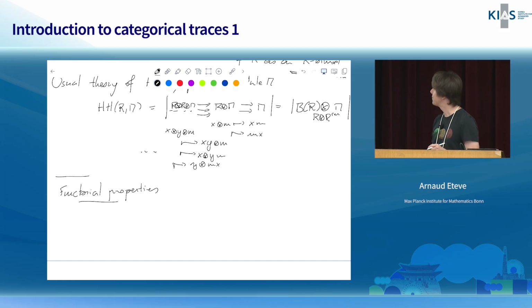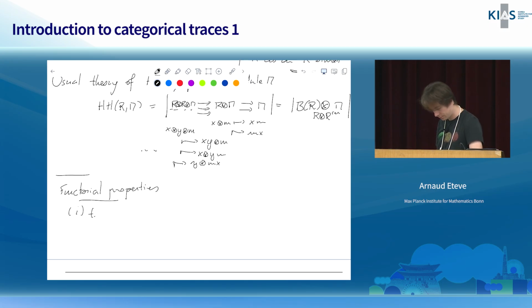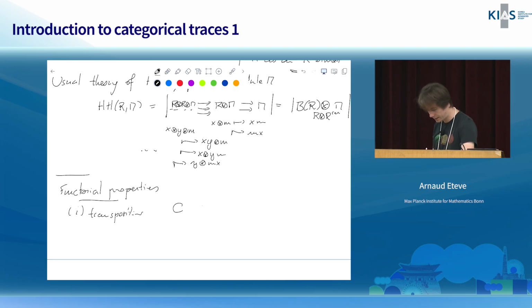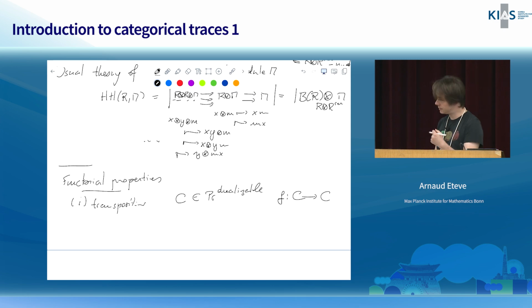So I want to list four properties, and three of them are properties you already know. The first property is that it's compatible with transposition. So we'll take C to be a dualizable category, and F some endomorphism of C. Since C is dualizable, you have a C dual, and you also have an F dual attached to this, just like you would for vector spaces.